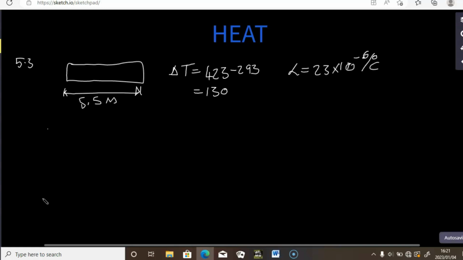So we know final length is equal to original length plus change in length, and change in length is equal to original length times coefficient of linear expansion times the temperature difference.